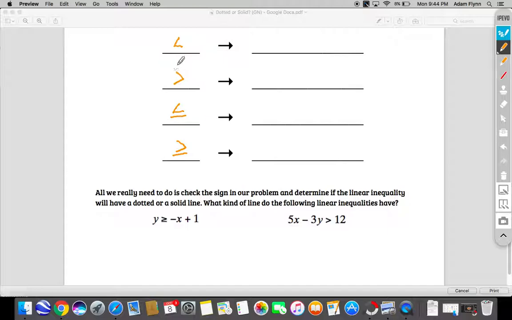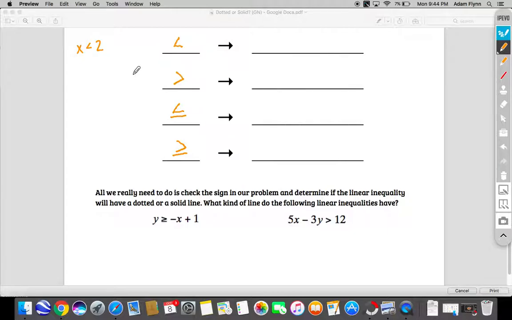So you don't have to write this, but let's say for this less than sign, I were to have x is less than 2. Okay, so this means x could be 1, x could be 0, x could be -5, x could be -257, x could be -4 million.